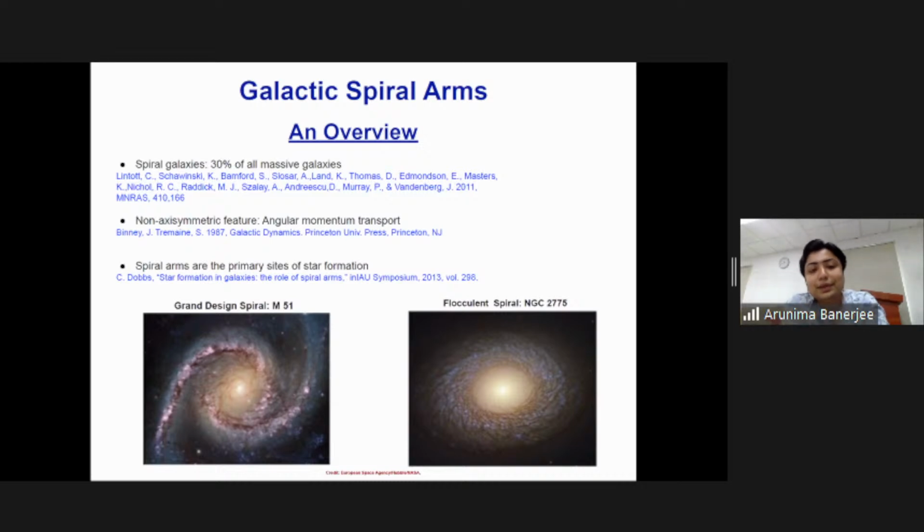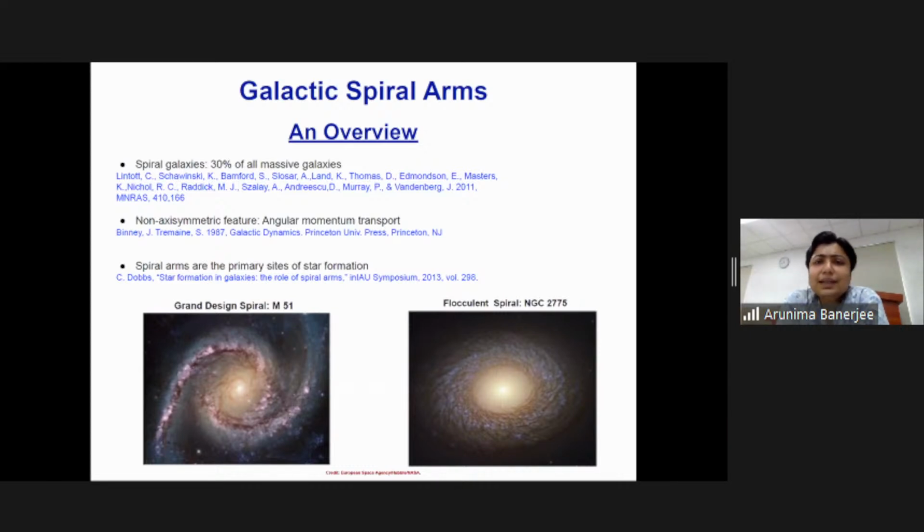I don't have to say there are distinct spiral arms visible in the grand design case, and nothing of that sort is visible in the other. I need not have told you all this. You could have identified that by yourself, right? So that is the magic of biological neural networks. Anyway, we will see how artificial neural networks get trained the same way. That was just an aside.